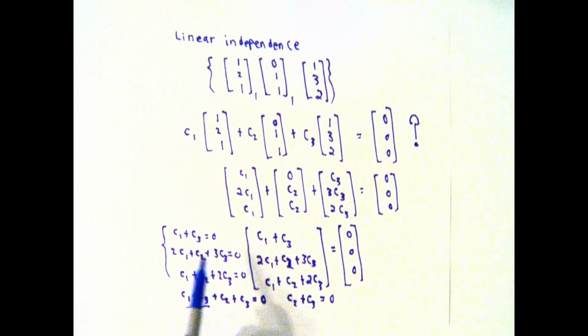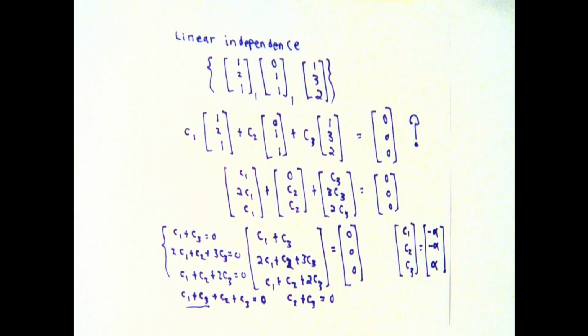This tells me that C2 must be the negative of C3. On the other hand, the first equation says that C1 plus C3 is 0. C1 is the negative of C3 also. I'll think of giving C3 some particular value, which I'll call alpha. So C3 will be alpha. Because of what we just figured out, C2 must be the negative of alpha.